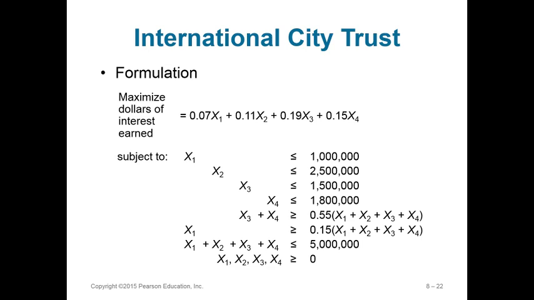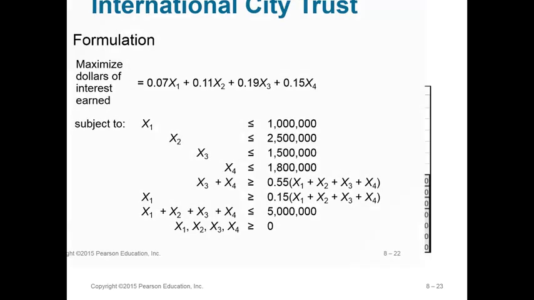All of them together can't have more than $5 million in total, and then each one of them has to be 0 or more. Again, you can't have a negative amount, so you can't have a negative $1 million invested in gold or stocks or whatever like that.